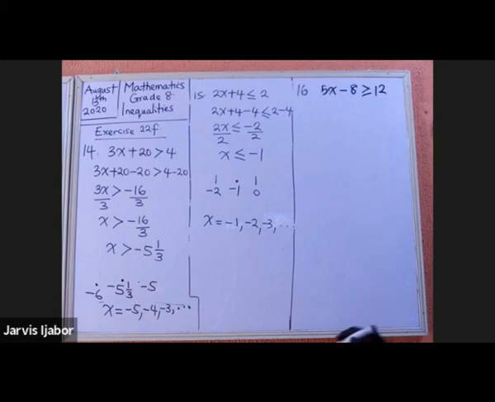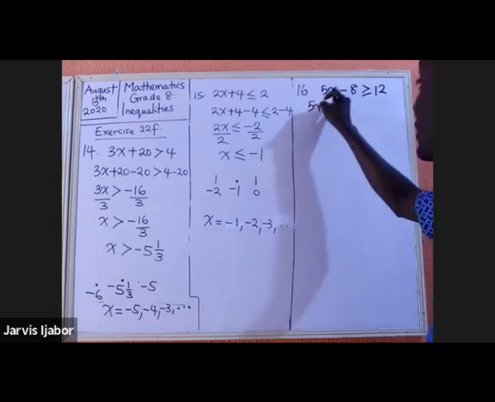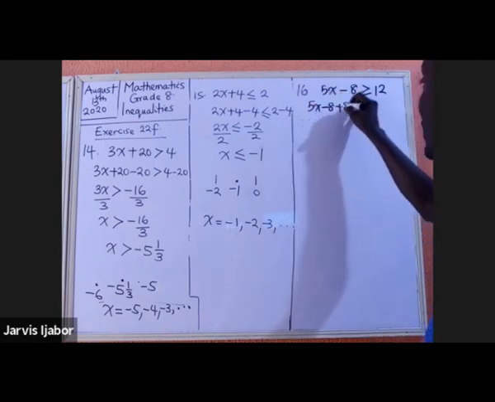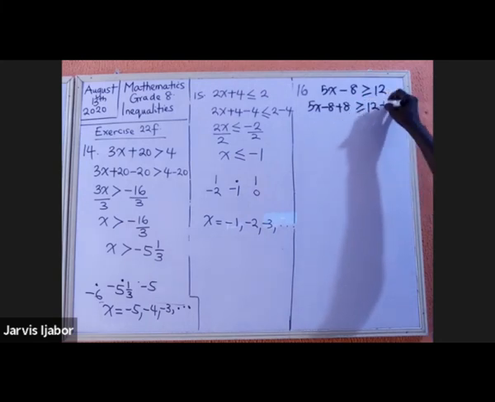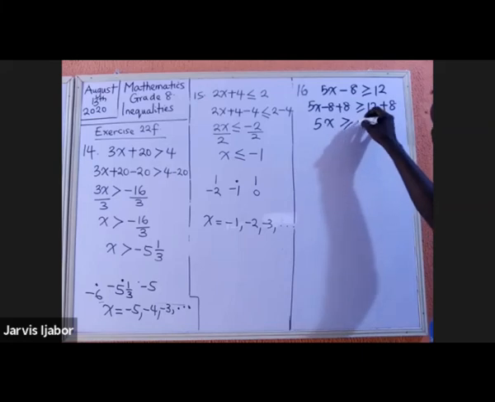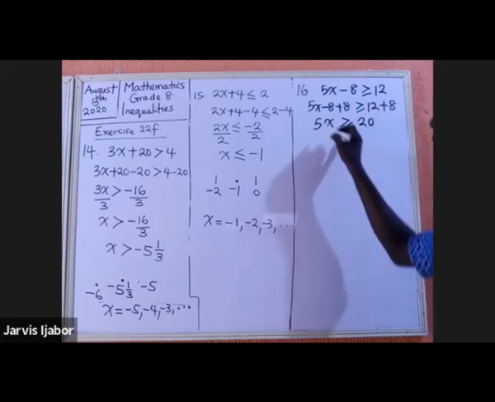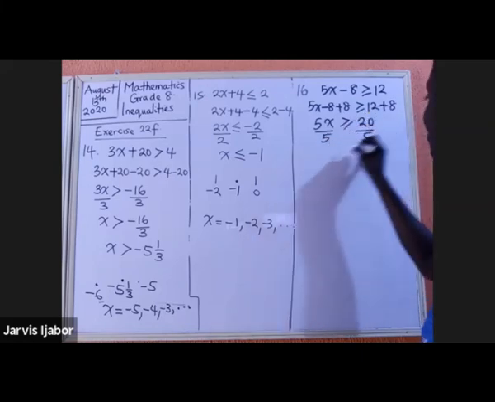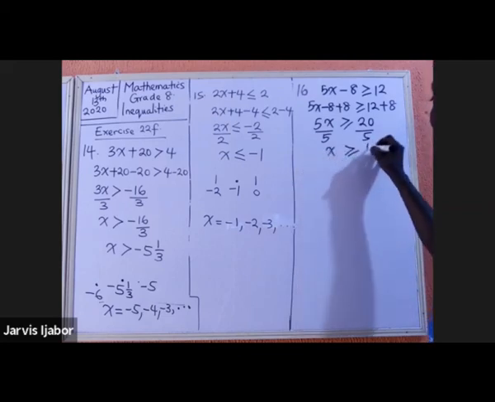What would this mean? This would mean that 5x minus 8 plus 8 will be greater than or equal to 12 plus 8. So 5x will be greater than or equal to what? 20. I'll divide both sides by 5, and x will be greater than or equal to 4.